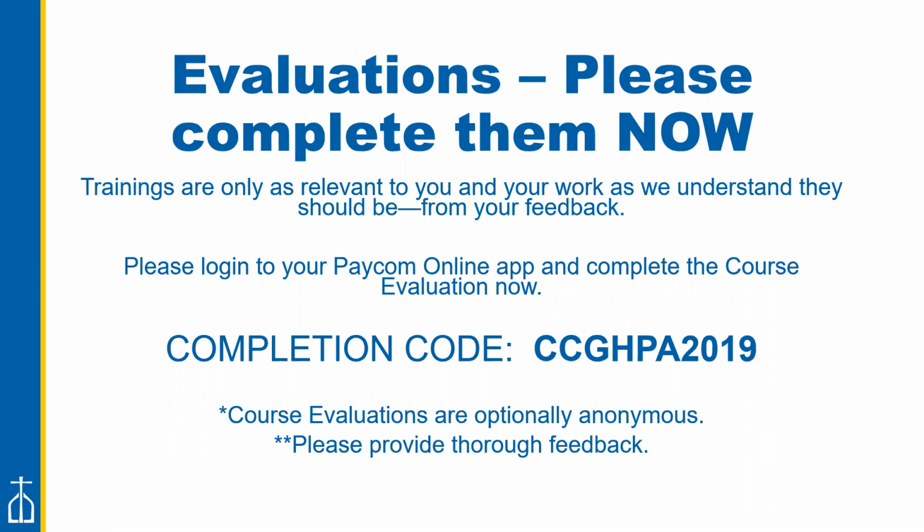But anyway, start with this code and I will send out an email with the goal management document, as well as reiterate what the completion code is. And please complete your evaluations. If we do not get your evaluations, we have no idea how to improve these trainings. I don't know if I'm glaringly omitting something unless you tell me, and it does not hurt my feelings. I really want to know.